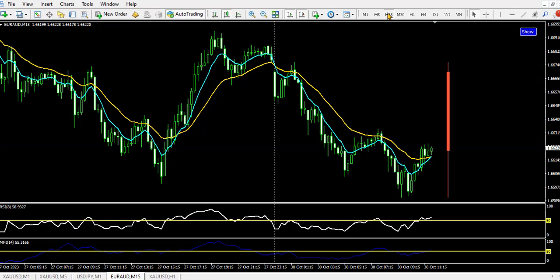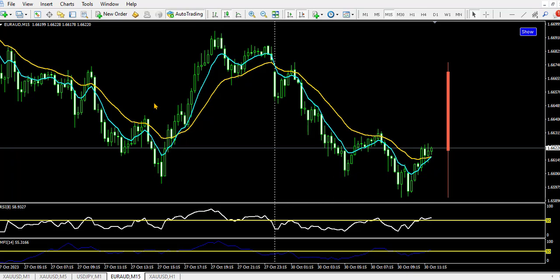I would like to show you how to use these simple indicators that I've combined together, and this is made for MetaTrader 4. You can use this particular strategy to trade any indices you want to trade, like US 30, US 100, UK 100. You can use this to trade silver, you can trade gold. This can be used to trade cryptocurrency, any pair that you want to trade, either ETH USD, BTC USD, and the likes.